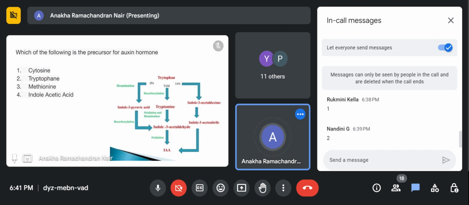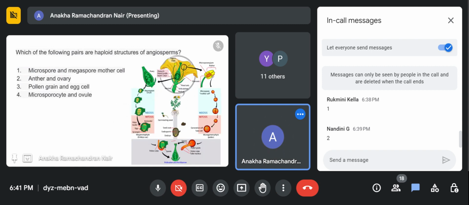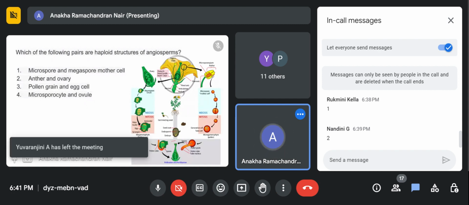Let's move on to the next question. Which of the following pairs are haploid structures of angiosperm? Microspore and megaspore mother cell, anther and ovary, pollen grains and egg cell, microsporocyte and ovule. So, what do you think the correct answer is?